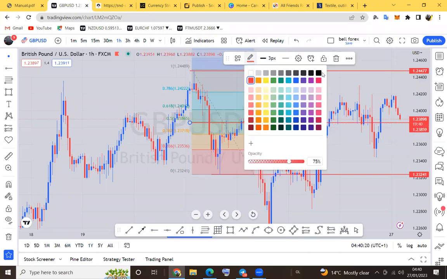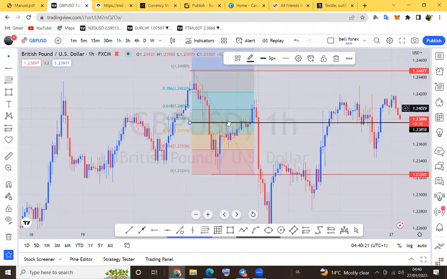This retracement went above 50%, which was already good. And 61% is already a point where we begin to look for a sell. We're already at the premium prices, so there is a great possibility that the market can sell from this 61. And you see, not far from there the market sells.